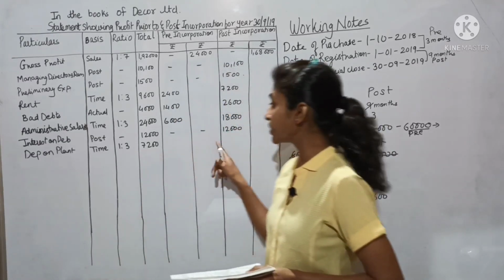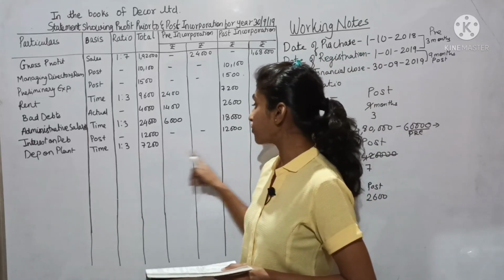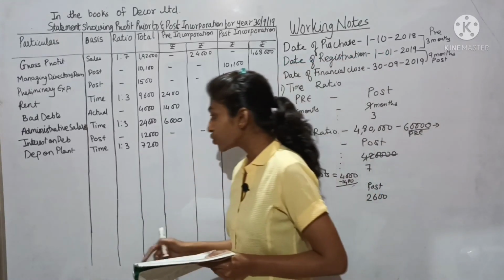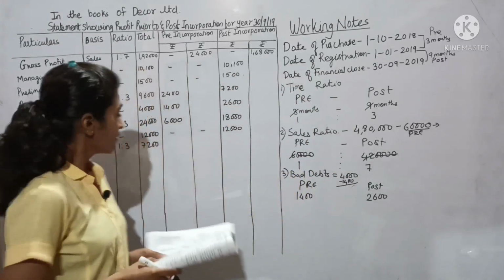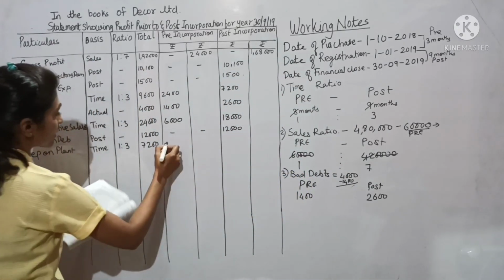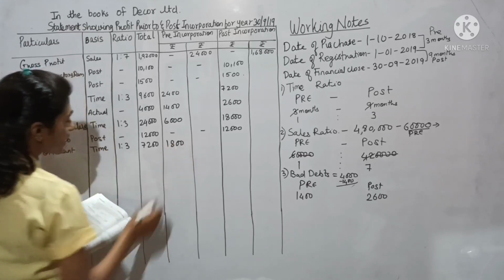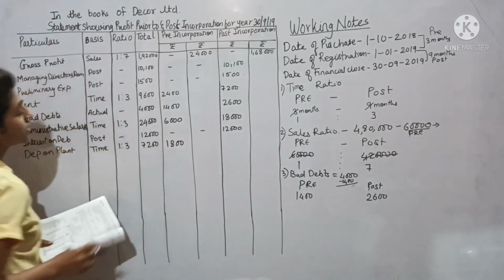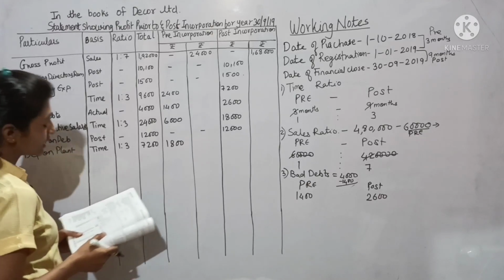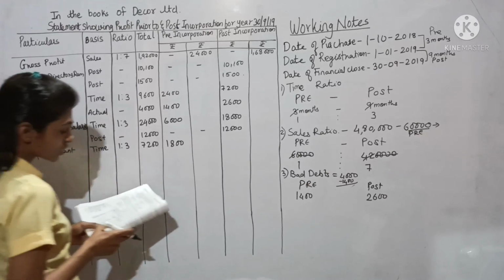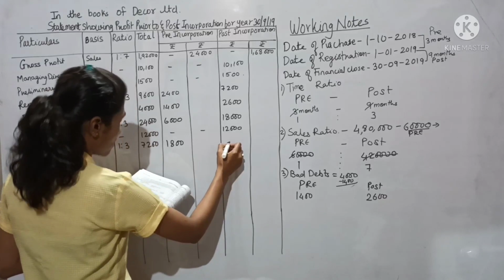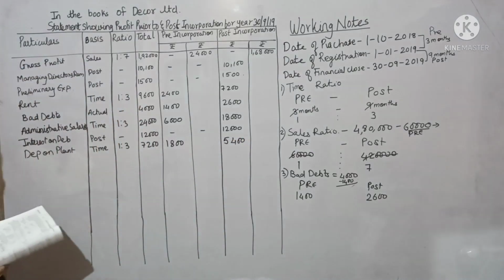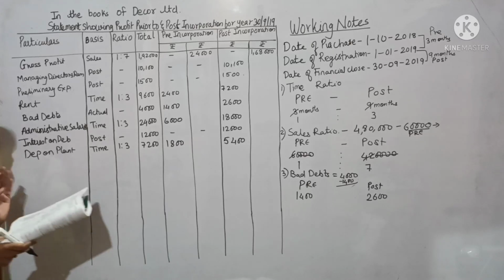That means in pre for 1 and for post we have to give 3. So 7,200 multiplied by 1 divided by 4, in pre-incorporation we get 1,800, and 7,200 multiplied by 3 divided by 4, for post-incorporation we get 5,400.